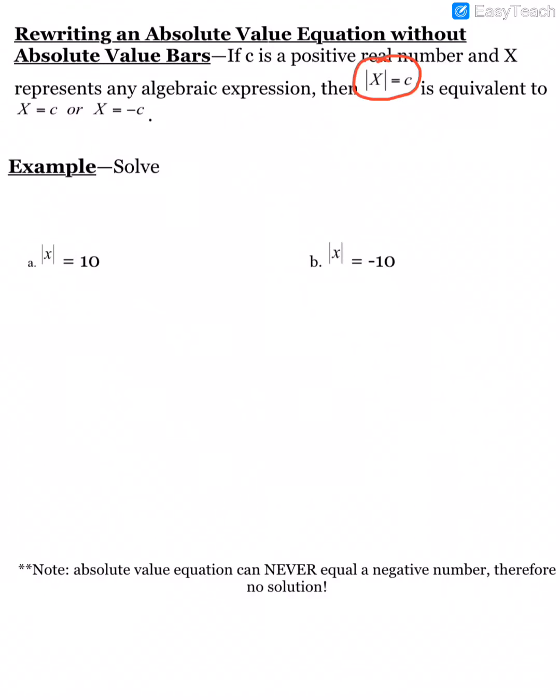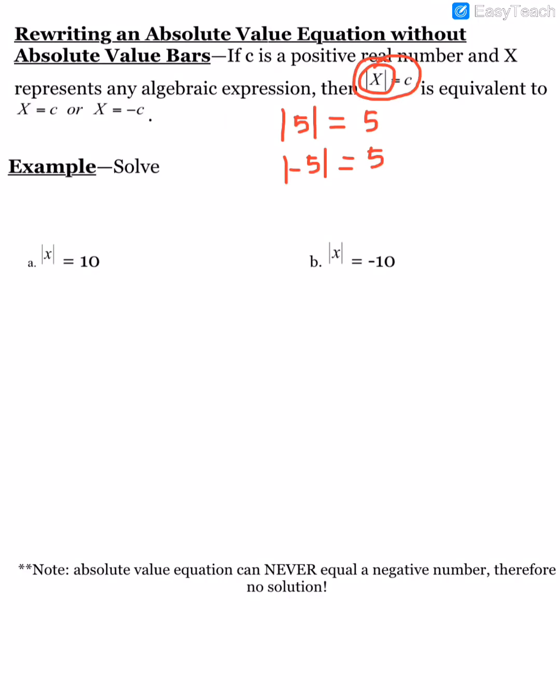Just like the absolute value of 5 is 5, and the absolute value of negative 5 is also 5. So whatever is in the absolute value bars has to be positive or negative. So x has to be either positive c or negative c, or actually both. X is positive c and negative c because both of those would equal that same distance from 0 on the number line.